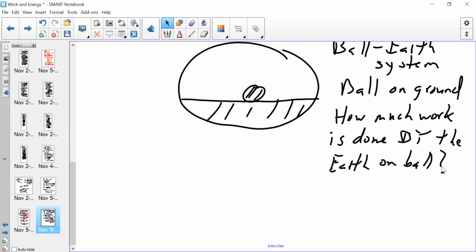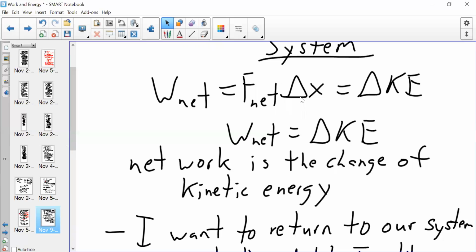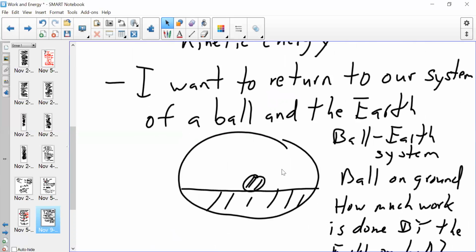Is it zero because it's stationary? Yes. There's no displacement, so therefore there's no work. We always have to remember our definitions. These are key. These are not just for writing down in your notes and then forgetting about them when you go to problems. The relationships are very important. There is no work because there's no displacement, no movement, stationary.